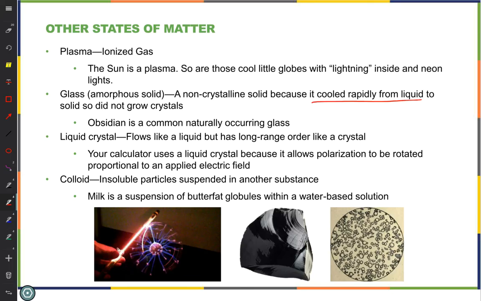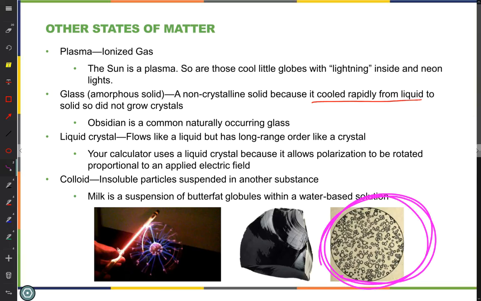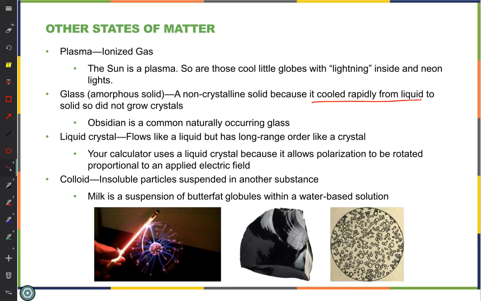The last one I have is a colloid. A colloid is a suspension of one type of molecule with another fluid that doesn't mix with it. And a common example is milk. So this picture, the last picture here, that's looking at milk under a microscope slide. The little circles are little butterfat globules.